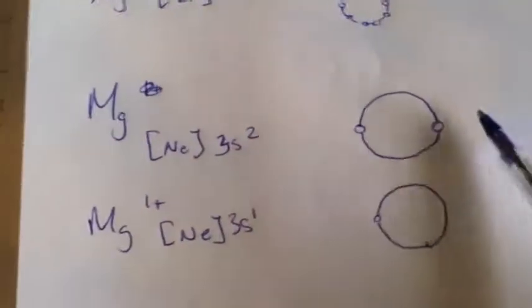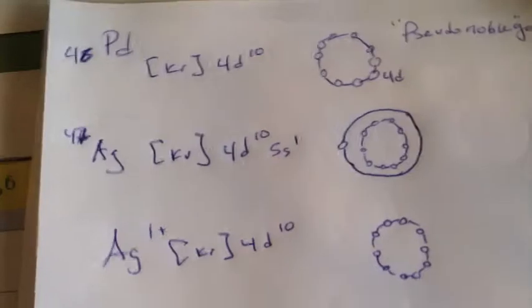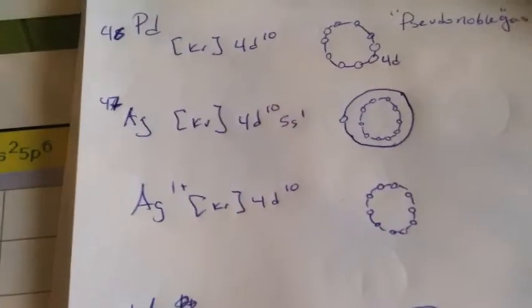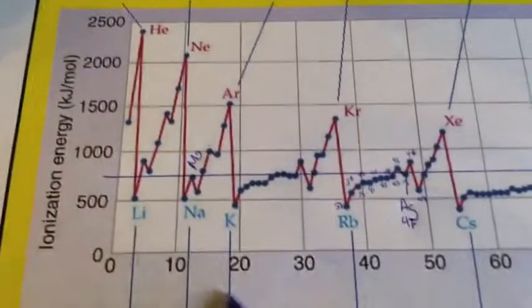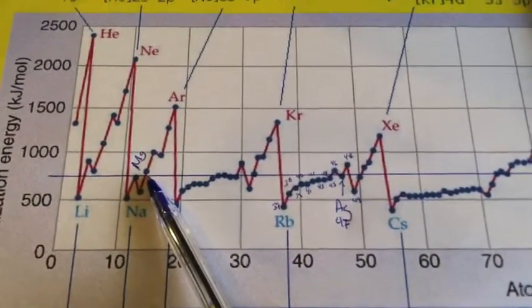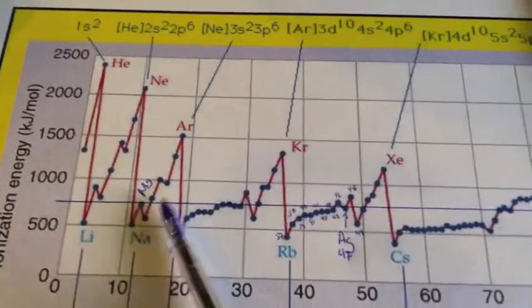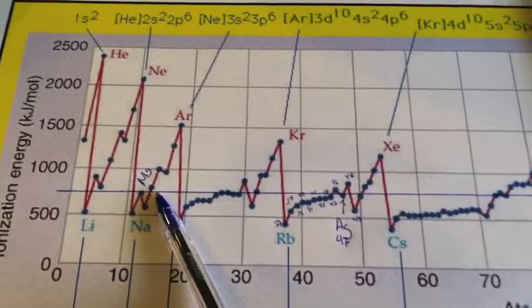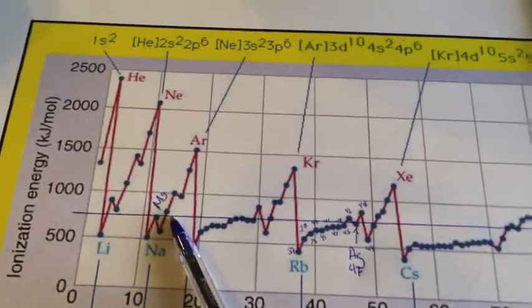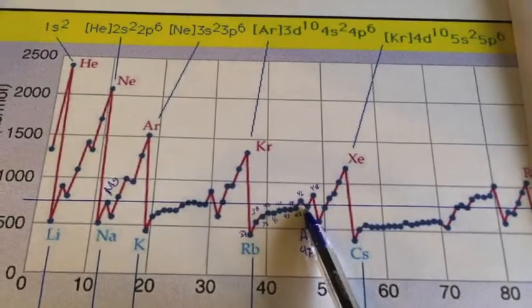We come down here to look at magnesium. The question is, why is it that magnesium is as reactive or close to being as reactive as silver? We look at the overall picture and say, alright, here's magnesium over here. Its first ionization energy is relatively high because you're leaving a half-filled 3s orbital if you make it 1 positive instead of the 2 positive that it normally occurs as.